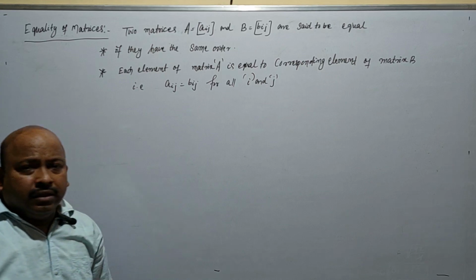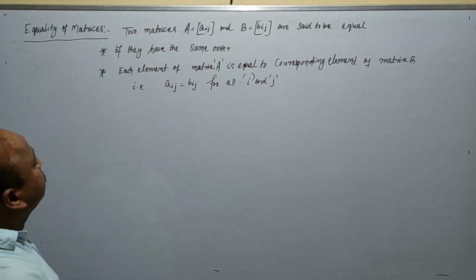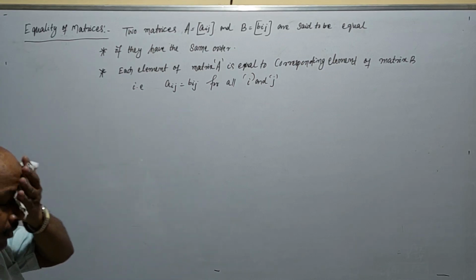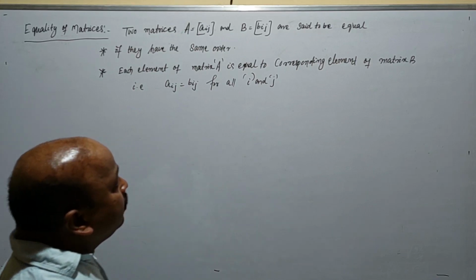Right? Again, I am repeating the same things. Two matrices A and B are said to be equal.